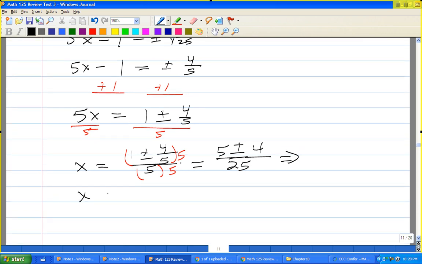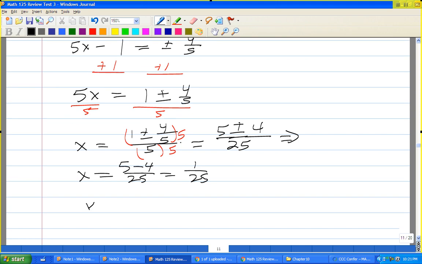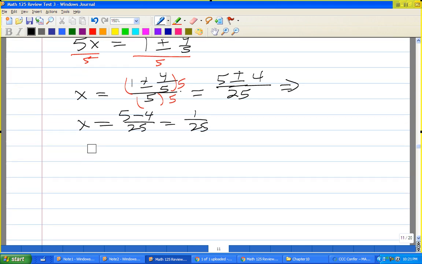So x is equal to 5 minus 4 over 25, which is 1 over 25. And the other root is 5 plus 4, so this is 9 over 25.